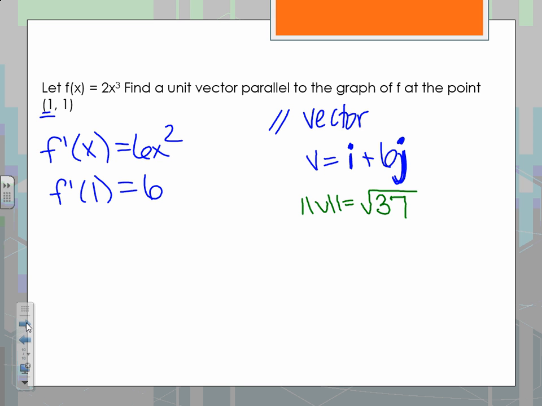So the unit vector is 1 over the square root of 37, comma, 6 over the square root of 37. I wrote it in component form this time. And guess what? We don't have to rationalize.